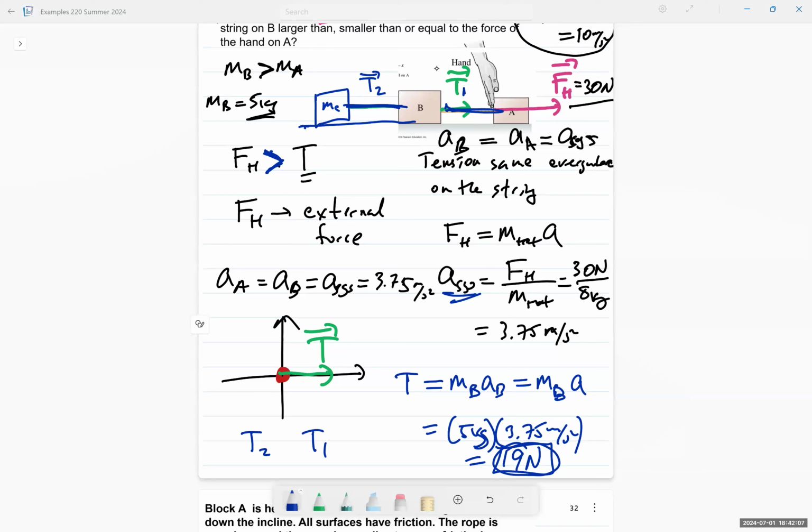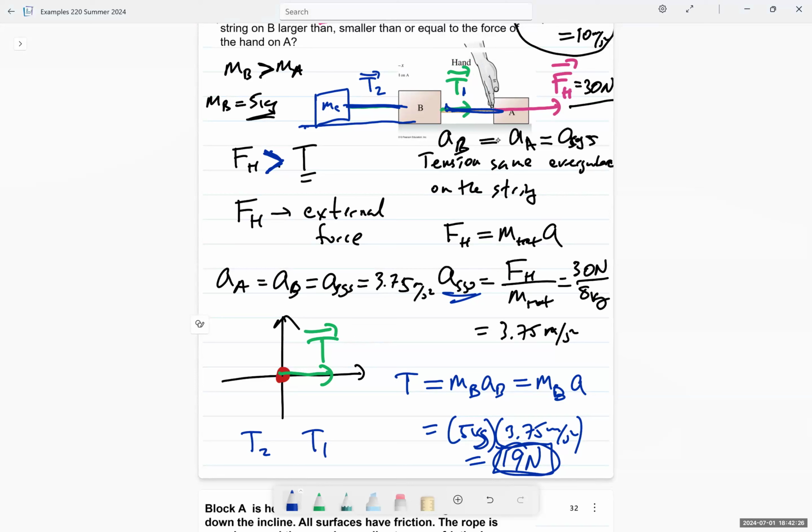Okay, a couple of students saying they will be the same. Well, let me say that they're not going to be the same. They can't be the same, right? With the same logic as F of H and T1 are not the same. See, F of H pulls 2 blocks, T1 pulls only 1 block.